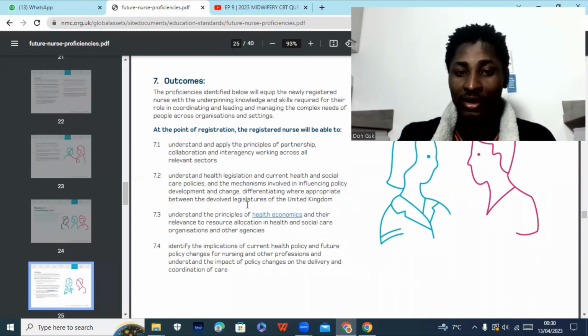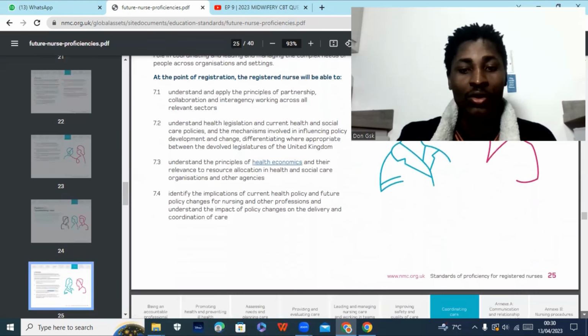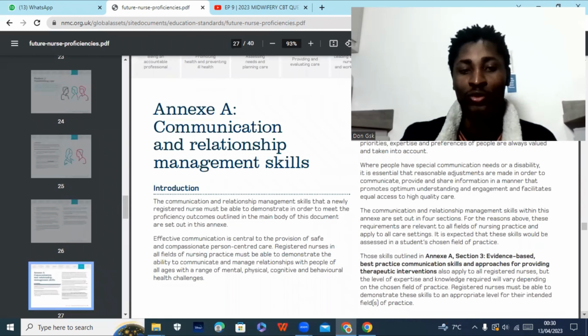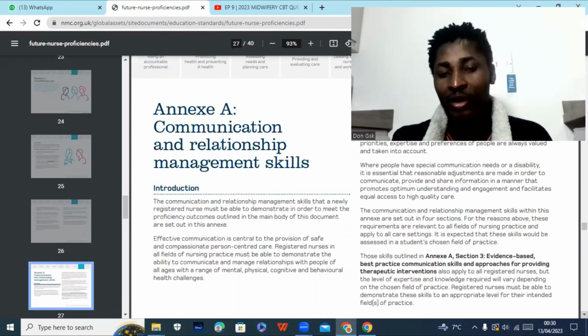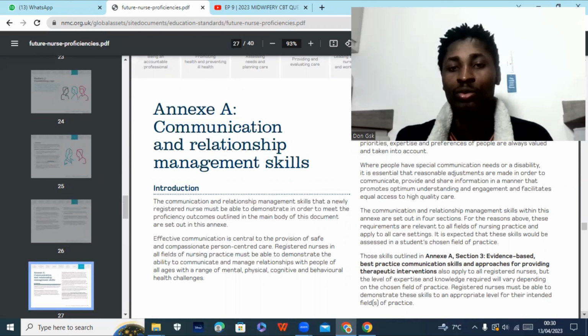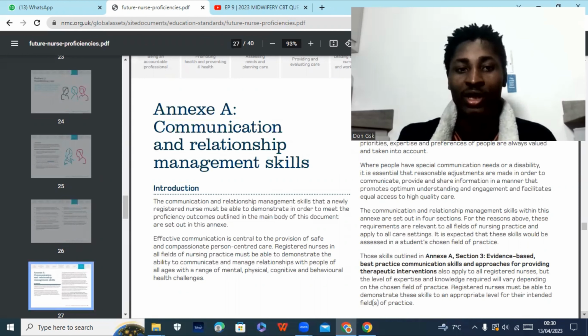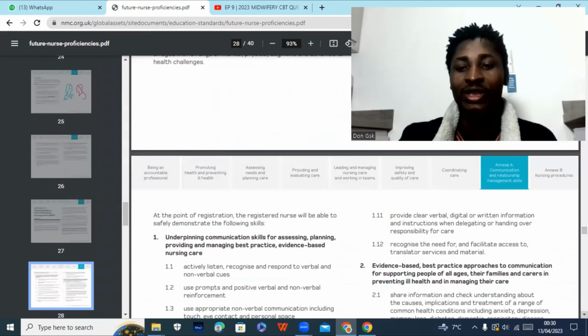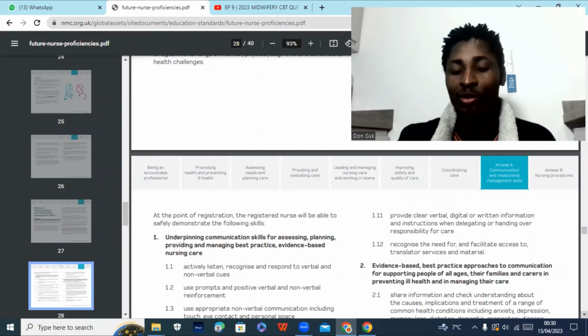Organizational change, health economics, building a business case. Read more on it. When we are done with the platforms, that is platform 1 to 7, the annexes are also very important. It gives you more detailed information about whatever they've done.